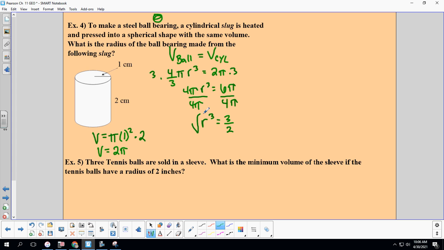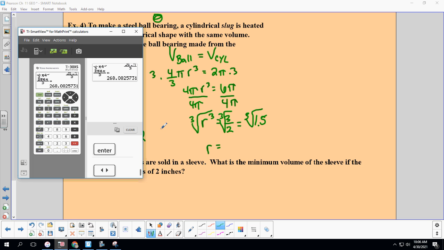And then the cubed root of 3 halves is what our r is going to be. If you're putting this in your calculator, you may want to convert 3 halves to 1.5, so it's just a little bit easier to type. But I'll throw it in my calculator with the fraction because, you know, whatever, I don't care.